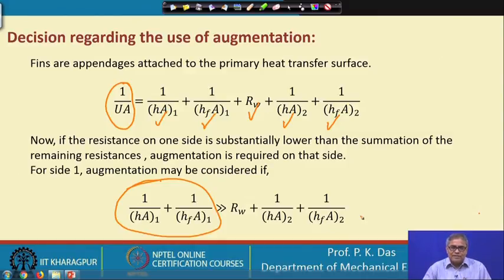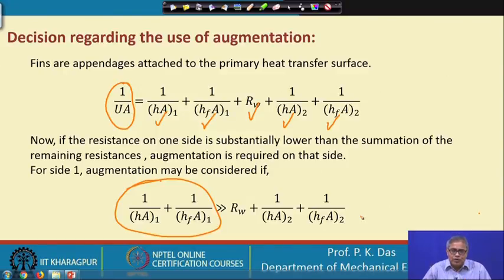There are some very simple guidelines, because they come from our day to day experience. These are more or less commonly followed, but sometimes they need some checking. If there is a gas liquid heat exchanger, generally gas side resistances are more. As we have discussed, fin is one kind of technique which we can adopt.